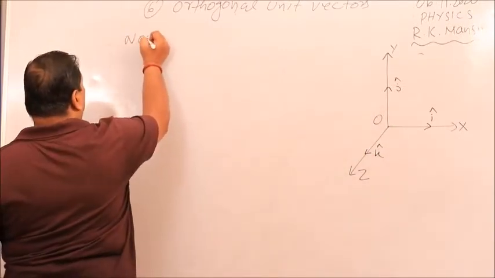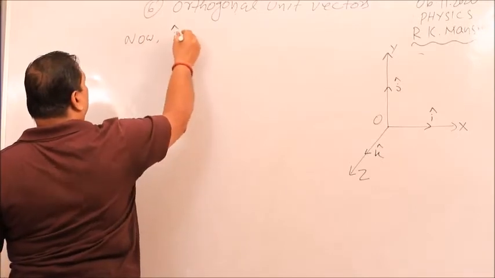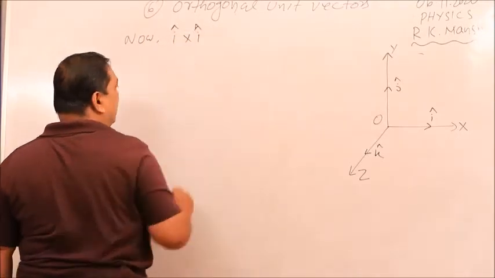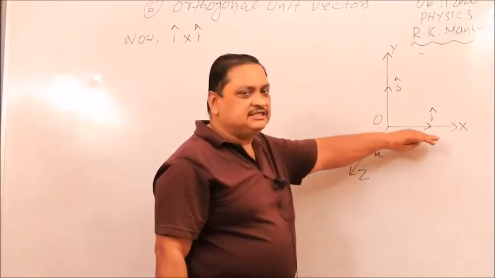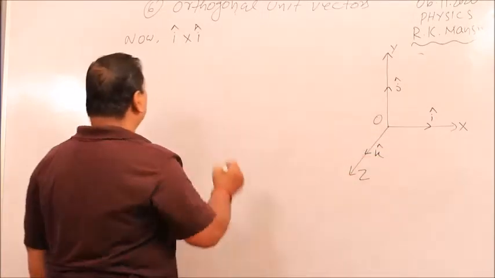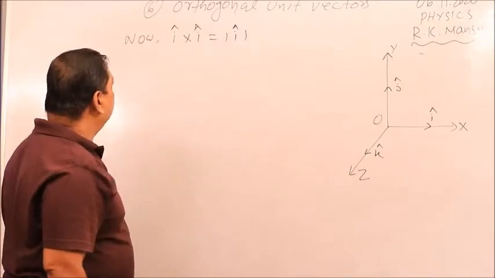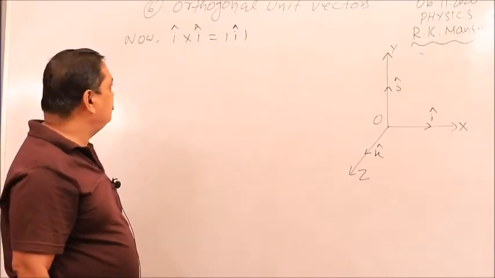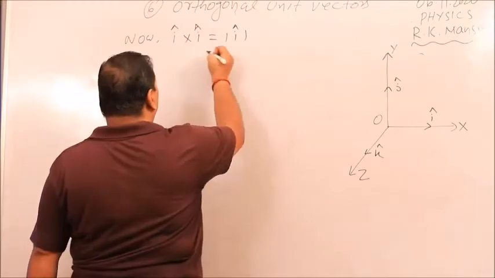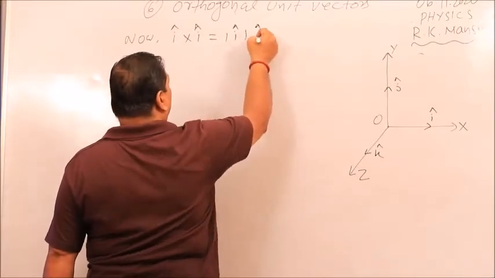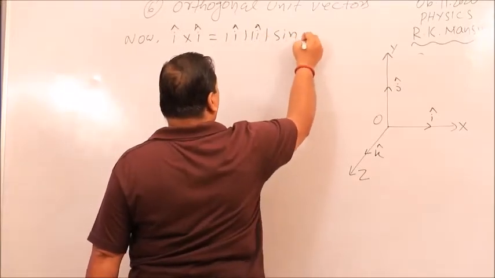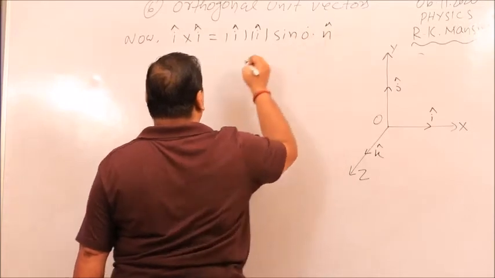Now we will find out 2 equal unit vectors, i cap cross i cap. That means they are in same direction, angle between them is 0 degree. In similar way, as the formula is A cross B equal to modulus A modulus B sin theta n cap, so modulus of i cap, sin 0 degree dot n cap.